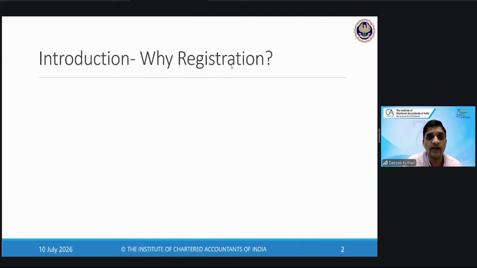Firstly, the question is why registration is required. Without registration, can't I run under GST? Can't I pay the taxes and just close it off? Even though this is an introductory topic, I will pose this question to understand your thoughts. Why do you think registration is required?